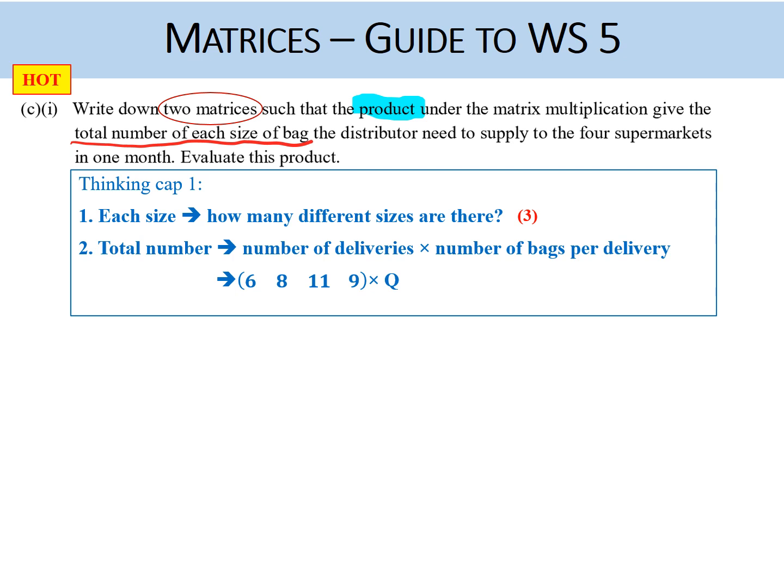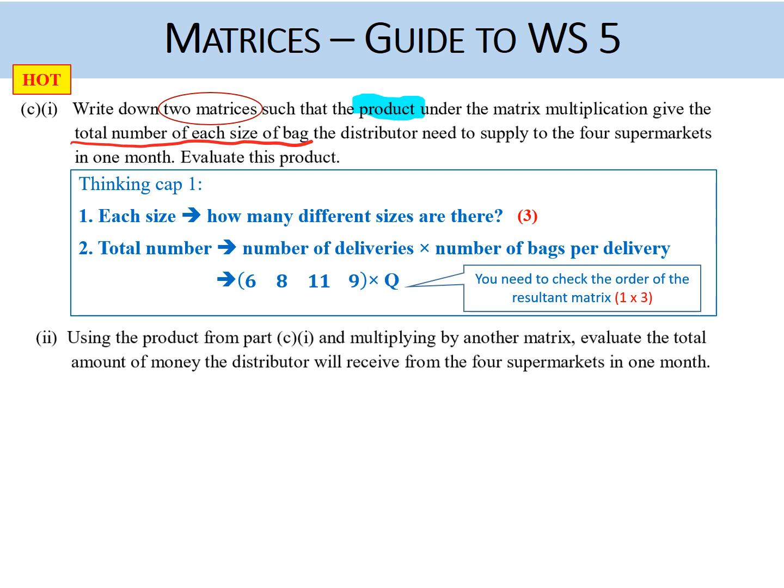All right, let's proceed. As I mentioned, if you check the order of the resultant matrix of these two multiplied together, you should get a 1 by 3 matrix. So for those of you who find it challenging, this would be the clue for you. Use this to check what the order should be.